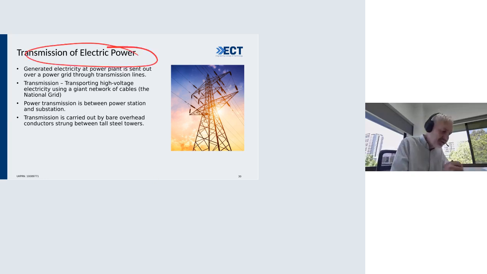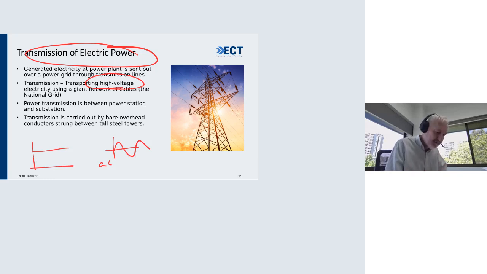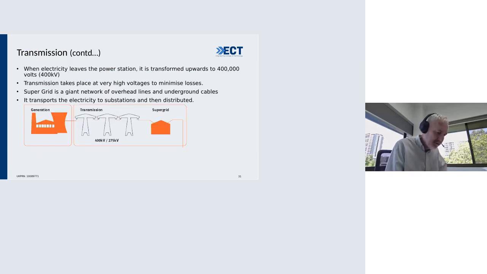Transmission of power is the next story, and obviously high voltage is very important. Most of the power that we distribute is alternating current, which looks like this, but obviously DC, high voltage DC, can be done now. Electronics is very good at taking the voltages up and down.